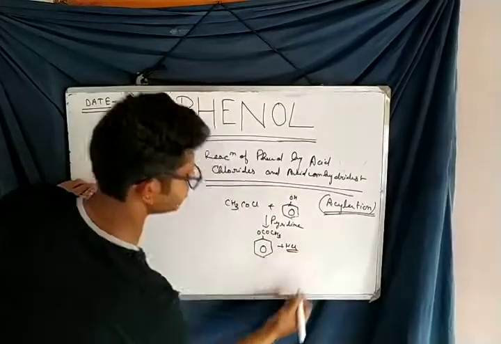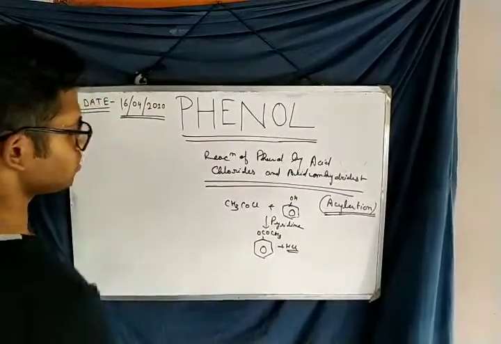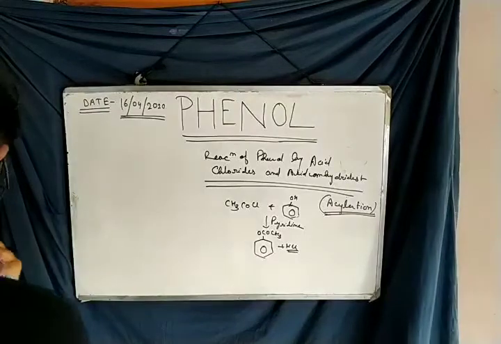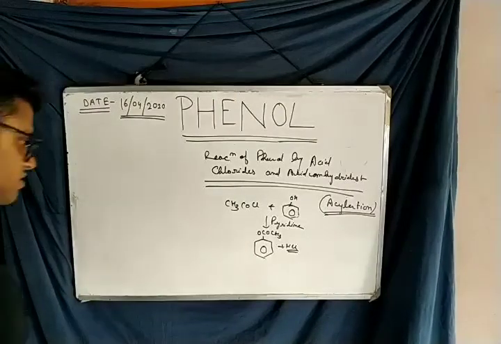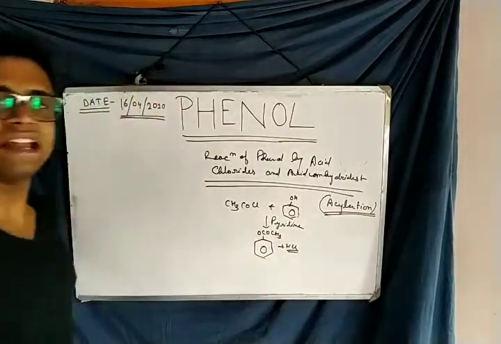HCl is a byproduct, so it is not essential to write it. This is the main compound, OCOCH3, known as phenyl acetate.